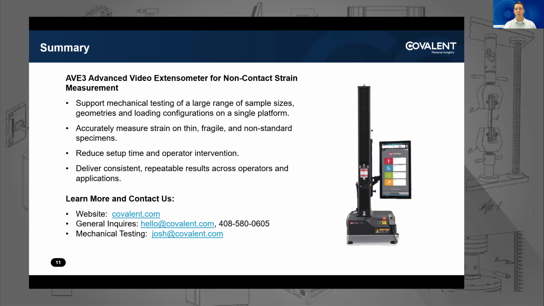We do feel we have reduced setup time and need for operator intervention. And as I just showed, we can deliver consistent, repeatable results. We can do that across a variety of different operators and different types of testing applications. So that's how we feel and what our experience has been with the AVE3.